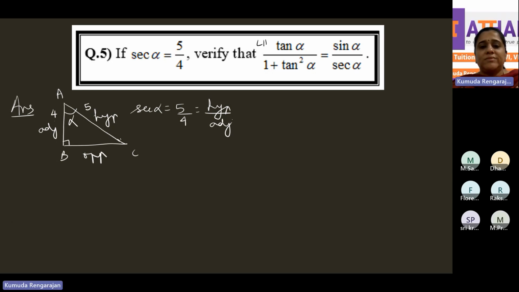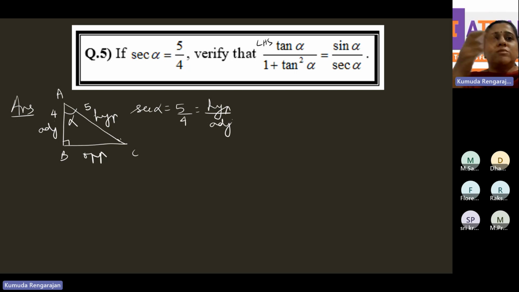You should take up the LHS and substitute the values. Using the triangle, you can find tan alpha. What is tan alpha? Opposite by adjacent. That's tan alpha.